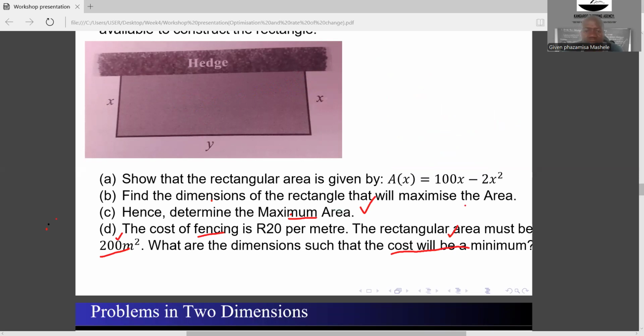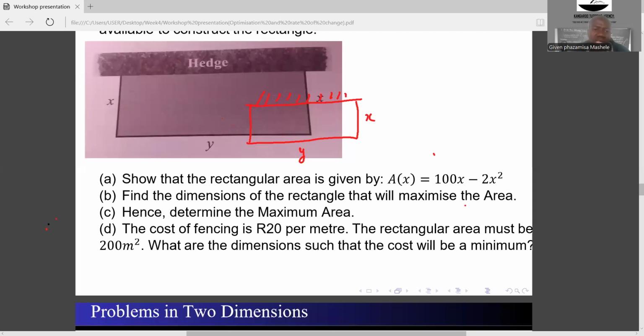All right. Then to do that, let's draw our shape and try to solve the question. Since we have the shape of where we need to put the fence, remember, we said this side is the hedge. We explained that. So this is the x meter, this is the x meter, this is the y meter, and this is the x meter. It is where we need to put the fence actually.